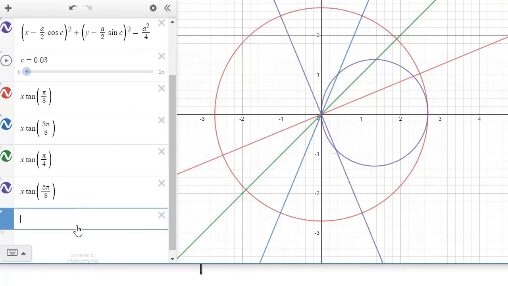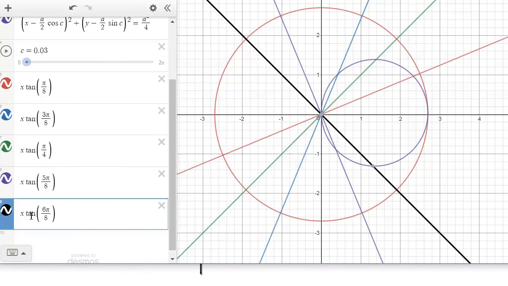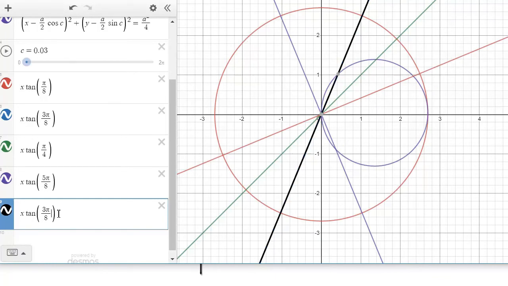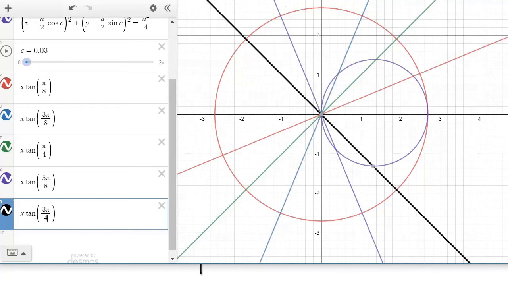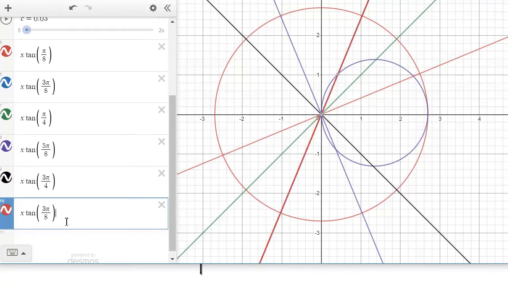And then if you want the other ones, do 6, change this to a 6 there, and then you can simplify this to 3 over 4. And then what was the other one? 7 over 8. So the next one would be 7 pi over 8. Now we've got all our lines.